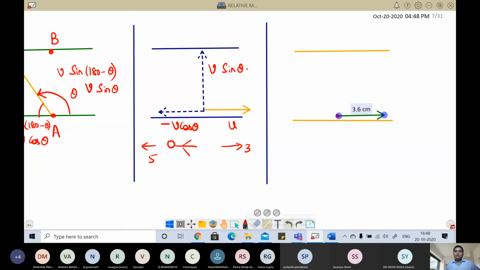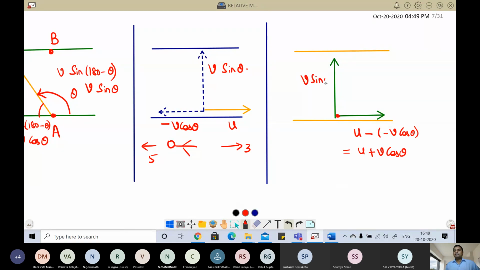So this value will be U minus of V cos theta, that is equal to U plus V cos theta. Keep it like this. And this Y component will remain same. That is V sin theta.